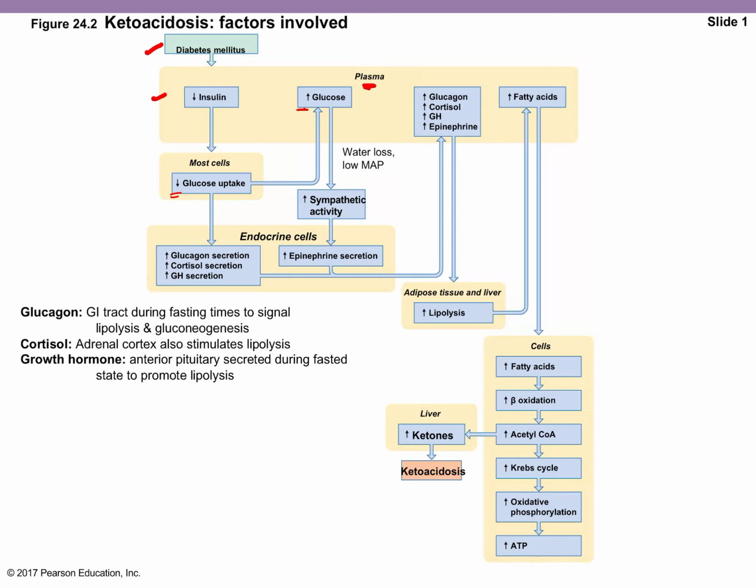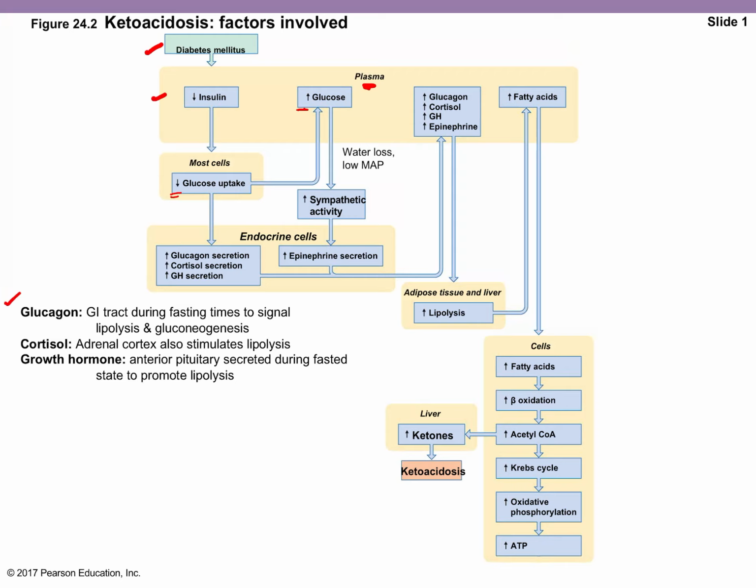Now, if your cells are not taking in glucose, they are starving. They think that your body is not eating food, right? It's basically the same to your cells if they're not able to take in the glucose. It's the same as you just not eating any carbs. So your body is going to respond as if it's starving, and it will pump out hormones that are secreted in those fasting periods.